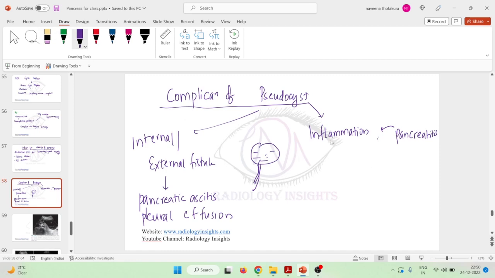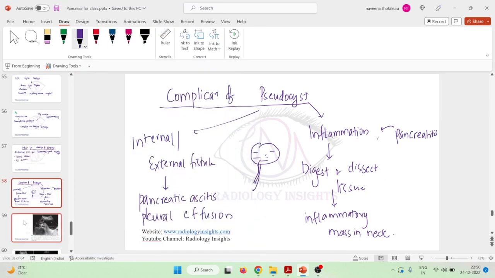This inflammation will digest and dissect the tissues around the pancreas and result in formation of inflammatory masses. These inflammatory masses might be present in the neck or groin also. Formation of an inflammatory mass is one of the complications of pseudocyst.